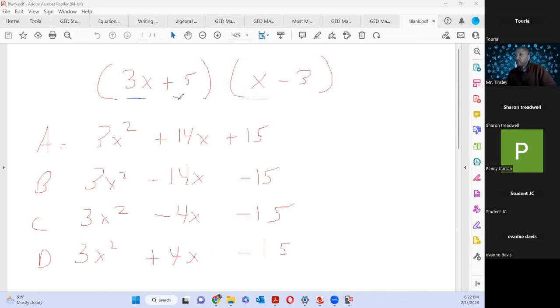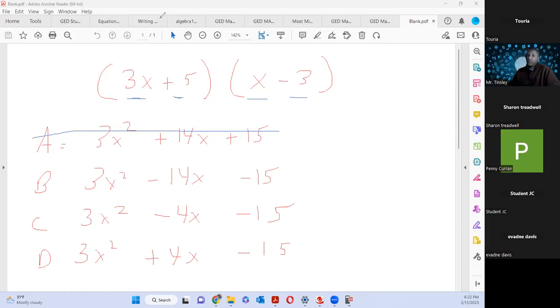What's plus 5 times minus 3? Negative 15. By doing that, you eliminate A, because you know the last term is minus 15. Usually on the GED exam, they'll have 2 with positive and 2 with negative.